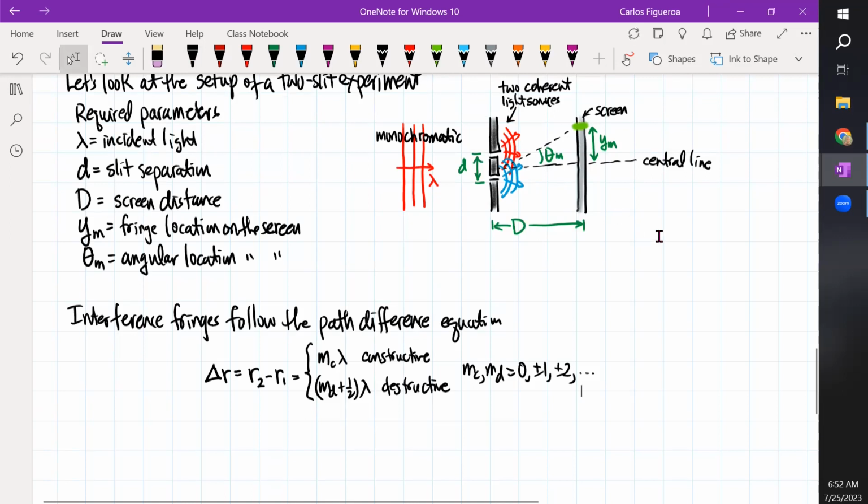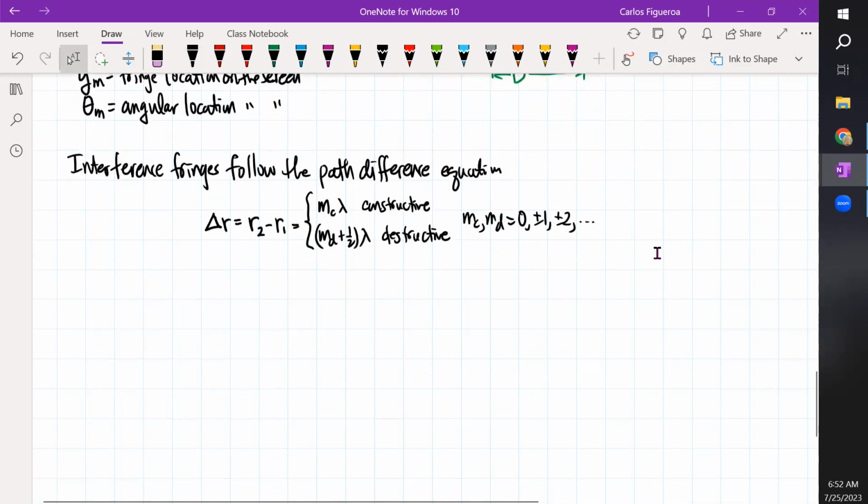I imagine that I have a screen where I'm going to observe my interference patterns.